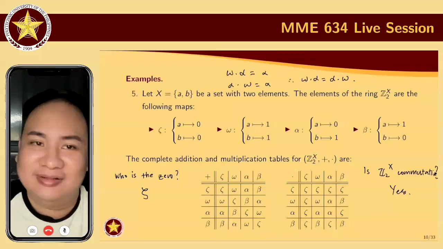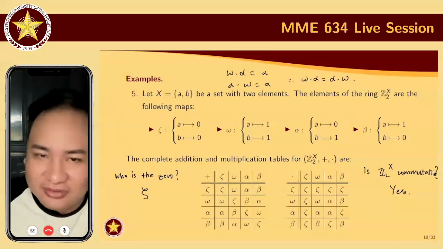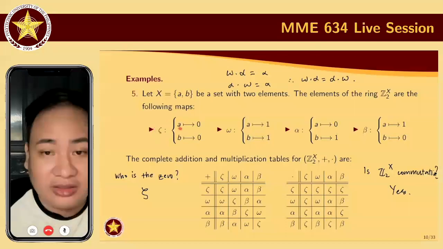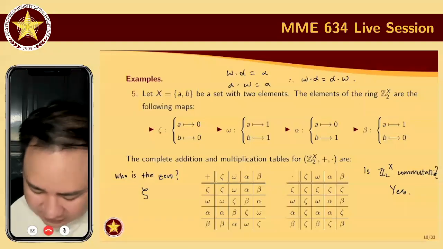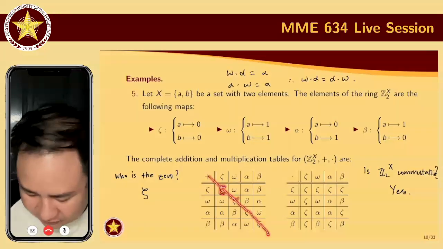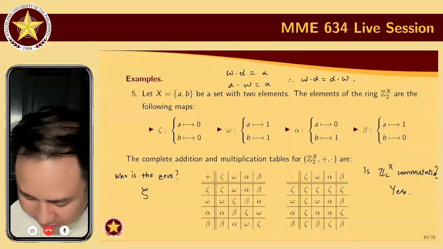Ayan yun. Pansinin nyo, ang 0 dito yung zeta, kasi yan yung function na nagdadala sa 0. No? Pansin nyo ba yung diagonal ng addition table, puro zeta or puro 0? Ibig sabihin na ang diagonal ay puro 0.